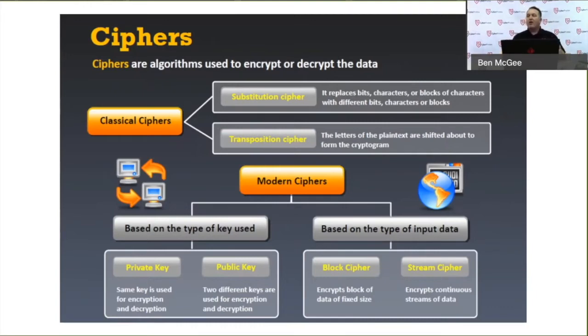With modern cryptography, modern ciphers or modern algorithms, typically what we see is they're based off of two different types of input data. One would be a stream cipher, and the other one would be a block cipher. The stream cipher means each individual character gets encrypted.